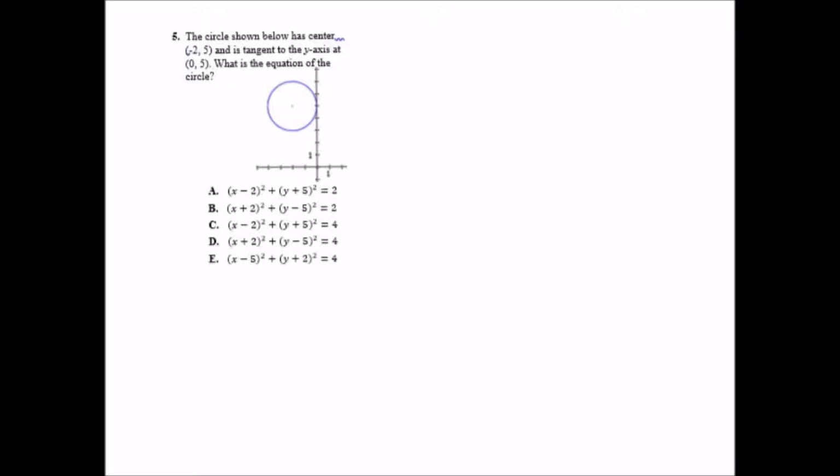Question 5 says the circle shown below has center -2, 5 and is tangent to the y-axis at 0, 5. What is the equation of the circle? This is a formula you might just want to try and memorize right before you go take the ACT. The equation of a circle is x minus h squared plus y minus k squared equals the radius squared.